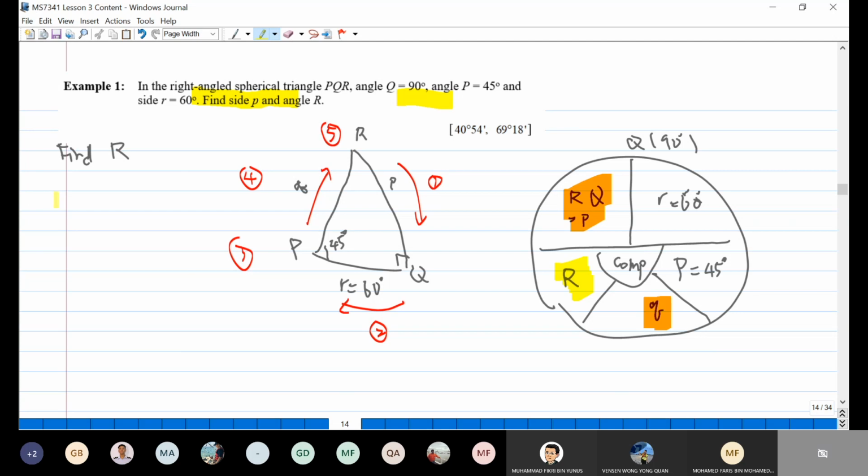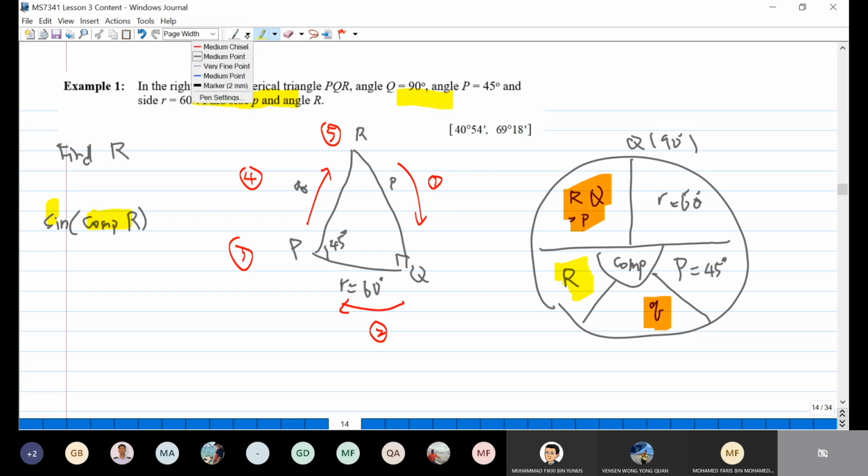Because sine of angle R, sine of the complement of R. R has a complement because R is actually below the view.